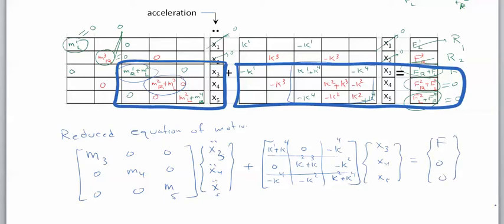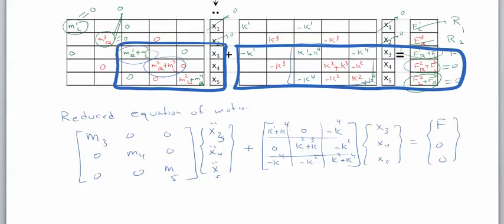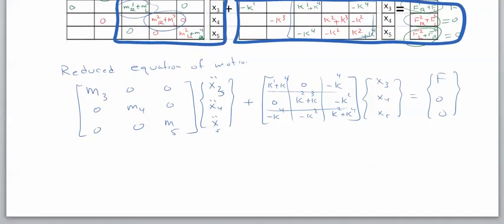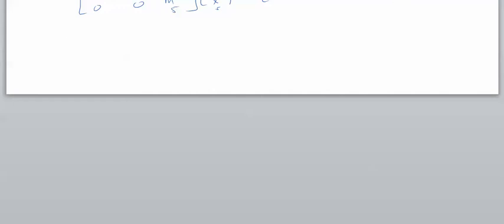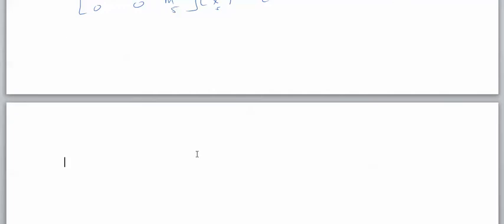So just like in the previous case with the other labeling of the node, let me go to the next page. Just like in the previous case, you basically have a system of differential equations to solve in time.